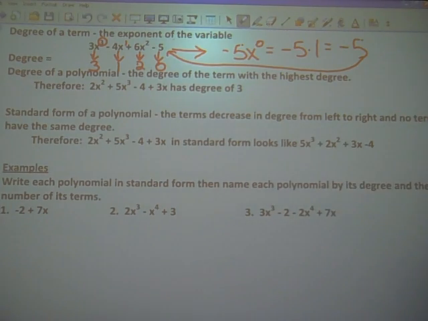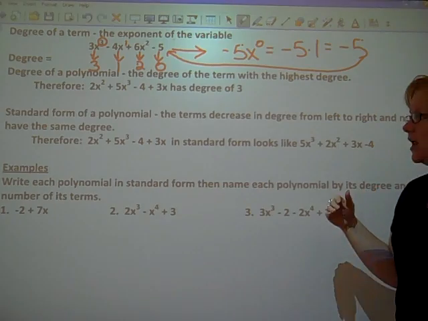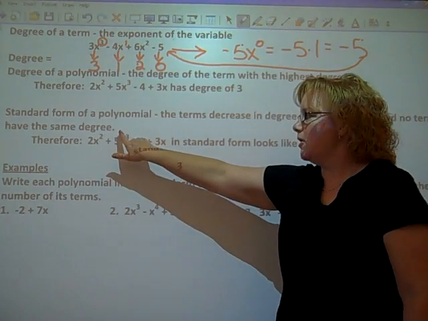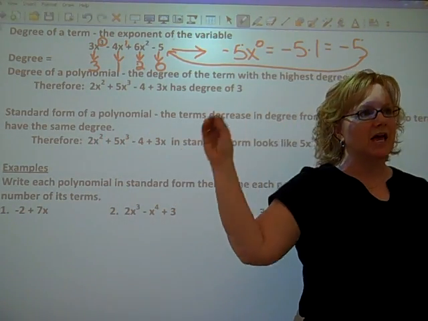Okay, then the next thing you need to do is put your polynomials in standard form. Standard form of a polynomial: the terms decrease in degree from left to right, and no term has the same degree. So what does that really mean? It means that I need to look at my exponents and they need to descend.